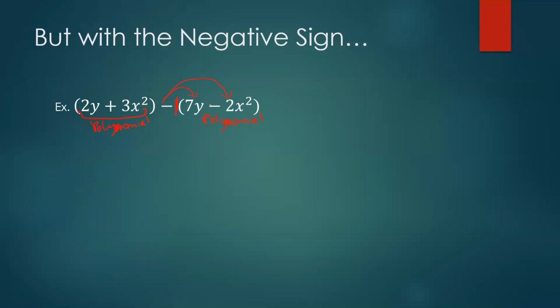So essentially, I have that first polynomial, 2y plus 3x squared, and I am going to subtract off whatever terms are inside this set of brackets.